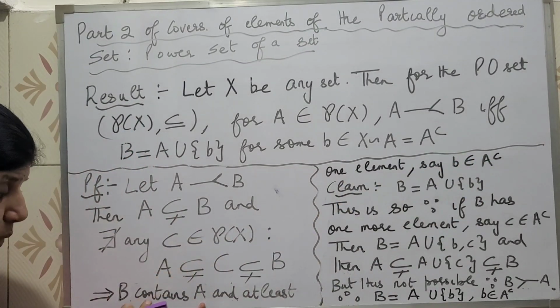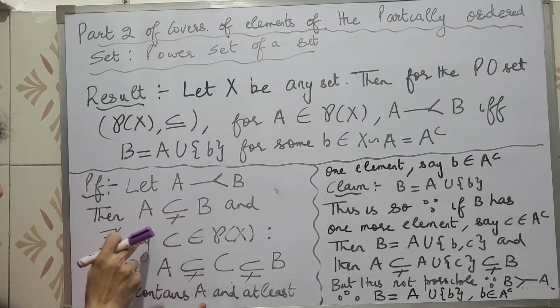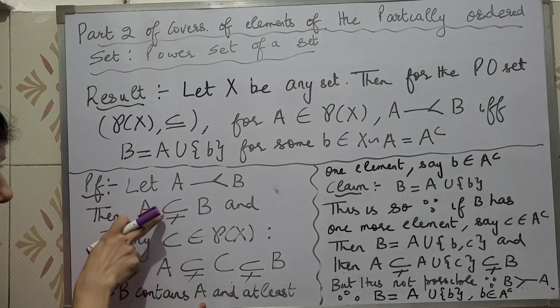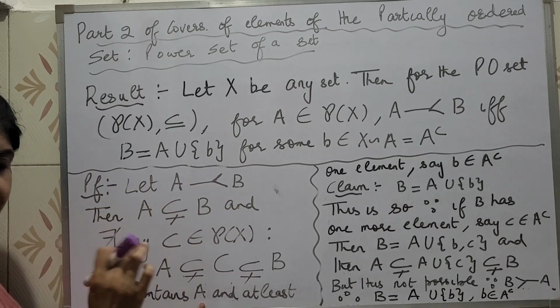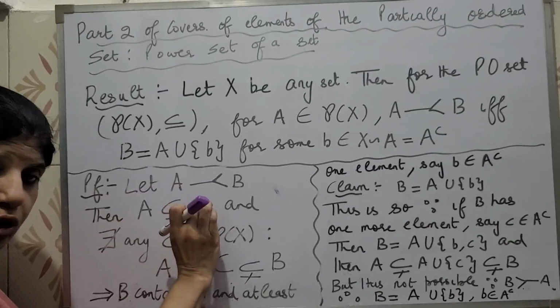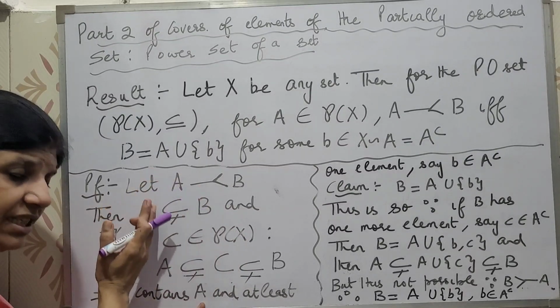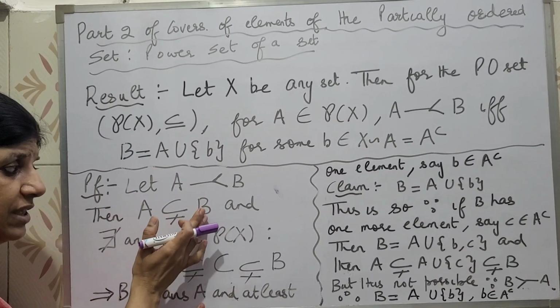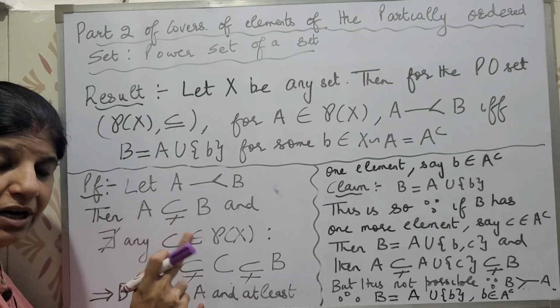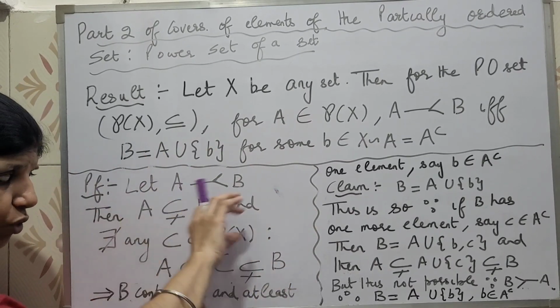Why? B will contain A because we have already said that A is contained in B, and also A is properly contained in B, which means that B is not exactly equal to A. So B contains A, but B is different from A, which means that B should have at least one element which comes from somewhere other than A, because A is already contained.